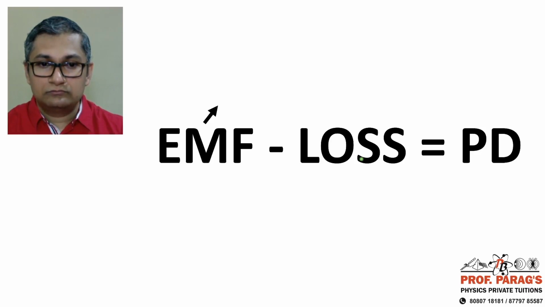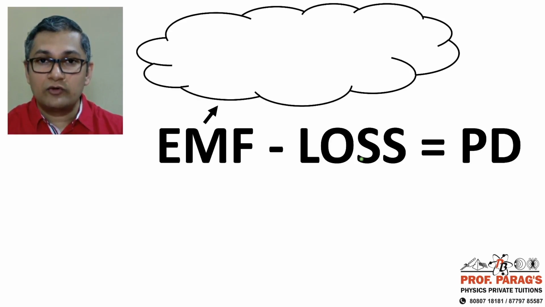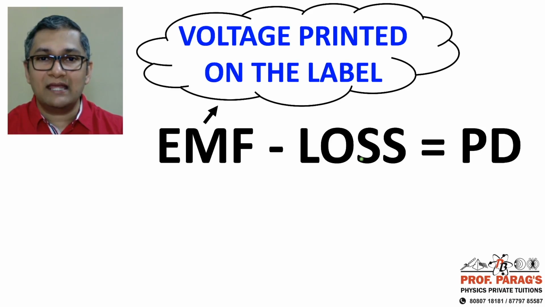So what exactly is this EMF? There is a textbook definition and there is a practical definition. First I'll give you the practical definition. The name is electromotive force. It's a voltage, and we are going to call it the voltage that is printed on the label of the cell. Every cell has a label. On the label you will see some voltage printed.